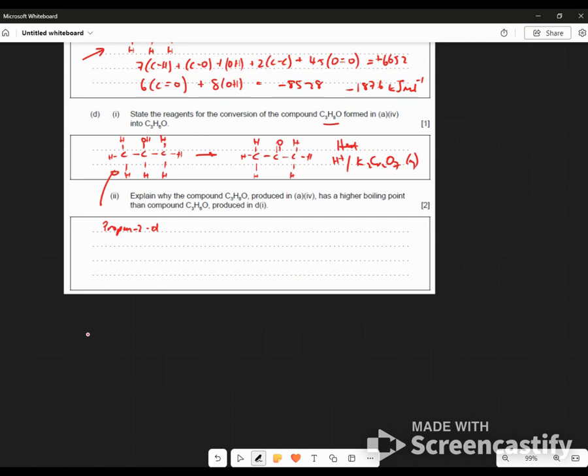Propan-2-ol is an alcohol, obviously, and it will form hydrogen bonds, which are stronger than, now this guy is going to form dipole-dipole interactions. Dipole-dipole interactions. Okay, so there you go. So that's the deal there.